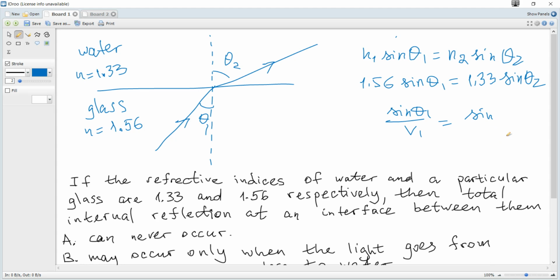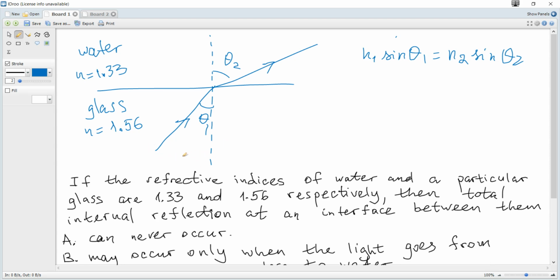If a ray is moving from water to glass, the equation will be absolutely the same, but now this angle is called the angle of incidence and this is the angle of refraction. Now let's consider the situation where this angle of incidence increases.